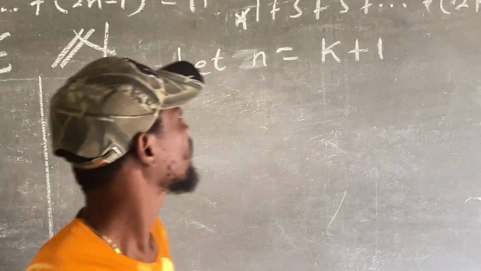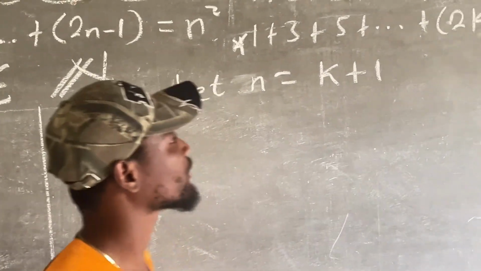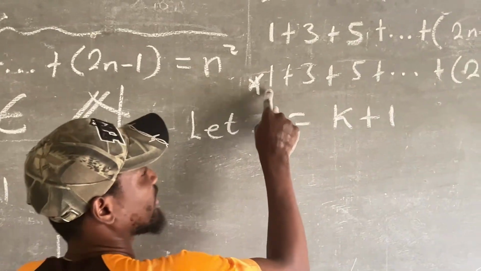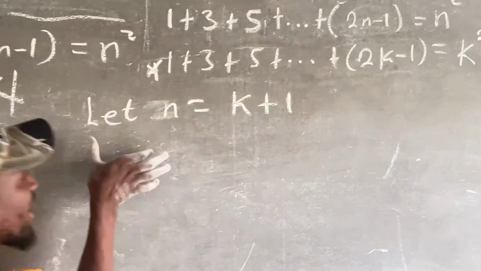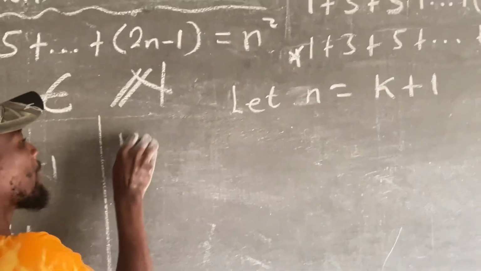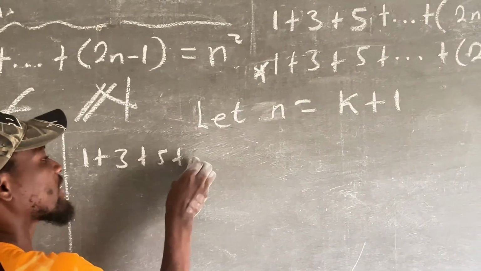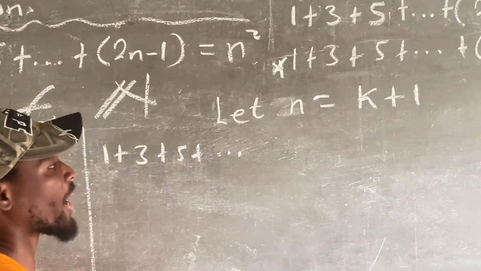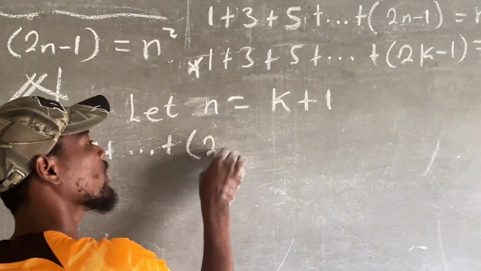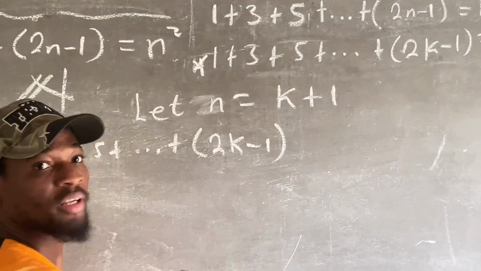So viewers, we are just going to copy and paste. We are going to copy this step over here. So I have my 1, then plus 3 plus 5, then plus some number of terms, then plus this expression, 2 times k minus 1.